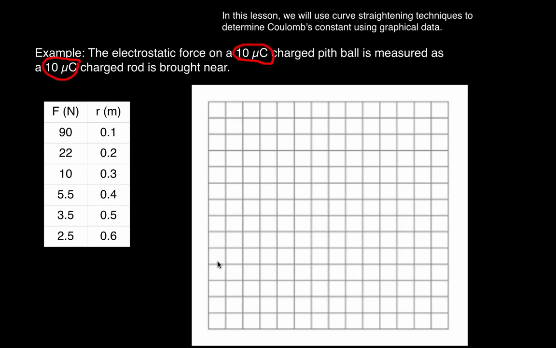So we start by plotting the data on a graph. Force is on the y-axis, and the distance between them is on the x-axis.